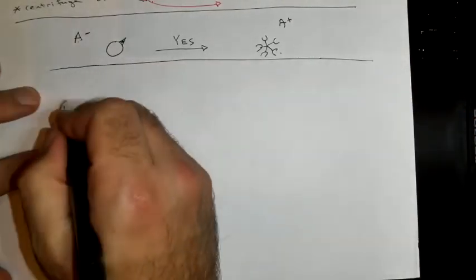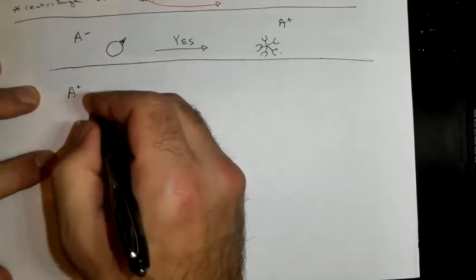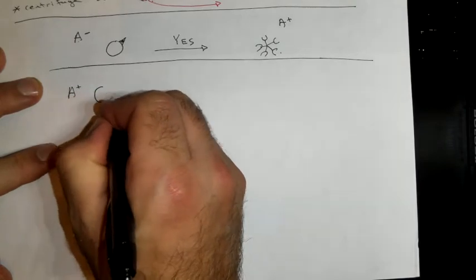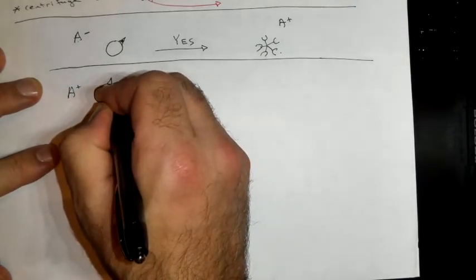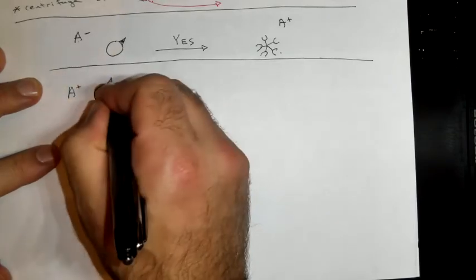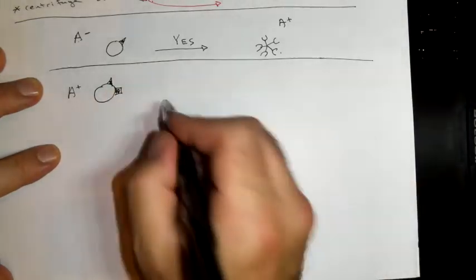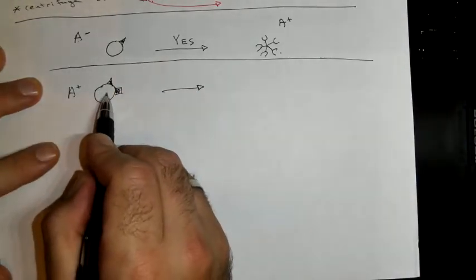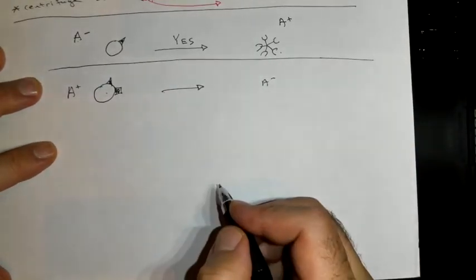Let's reverse it. Let's say that I have an A positive person as the donor. And I want to ask, can I donate this RBC to the plasma of an A negative person?